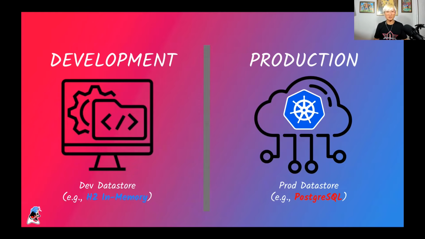So here is a quick example. If you need to develop and implement CRUD, like a data transaction logic in your application, regardless of Java, .NET, Python, or Go, then you need a database, a data store. In production, you're going to have an RDBMS like Oracle or PostgreSQL, or even a NoSQL database like MongoDB. However, you don't want to stand up the same database on your local machine.